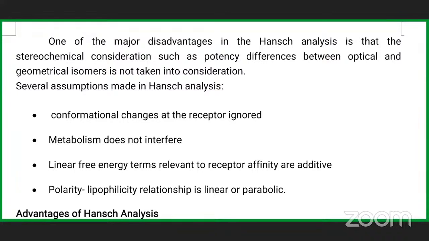So while we are approaching this QSAR method, we need to consider stereochemistry as a major factor. But in the Hansch analysis, when they were proposing the Hansch multi-regression equation, they ignored the stereochemical factor. That is one of the major disadvantages of Hansch analysis, right? They did not take the stereochemical factors into consideration.